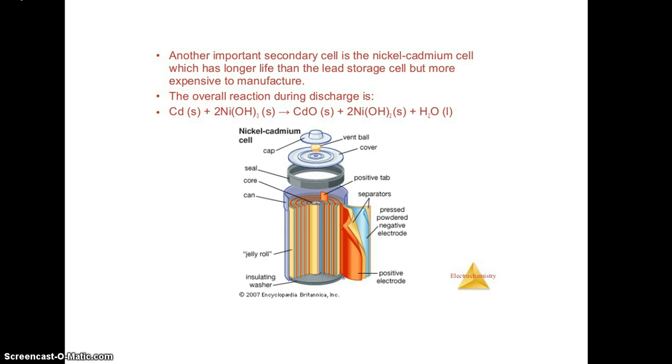It has a longer life, but it is more expensive to manufacture. In the nickel cadmium cell, nickel acts as the anode and cadmium acts as cathode. And the overall reaction is represented as cadmium plus nickel hydroxide giving cadmium oxide plus nickel hydroxide plus water.